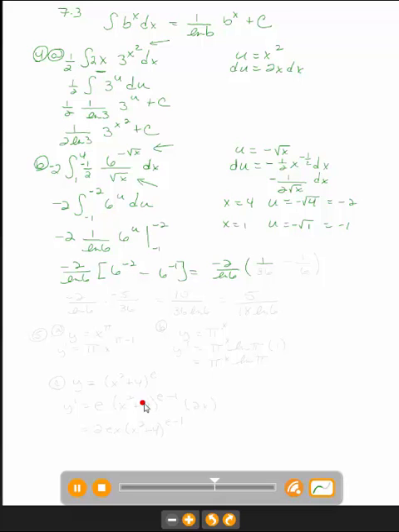This right here is 1 over 36. And this is 1 over 6. If I put those fractions together, that would be 1 over 36 minus 6 over 36. So that would be a negative 5 over 36. So I end up getting 10 over 36, the natural log of 6, but I can reduce the 10 and the 36 and make it 5 over 18, the natural log of 6.